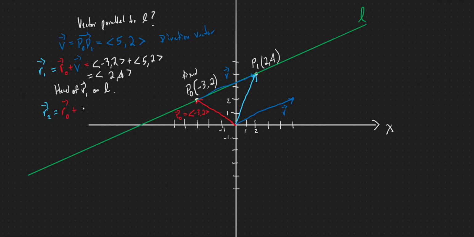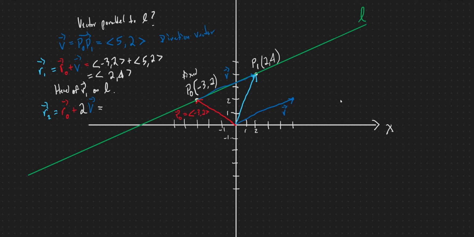Let's just use white for the scalar multiple, 2V. So let's add 2V to this and see what we get now. V goes this way, and 2V is going to be over 10 and up 4, so something like this.